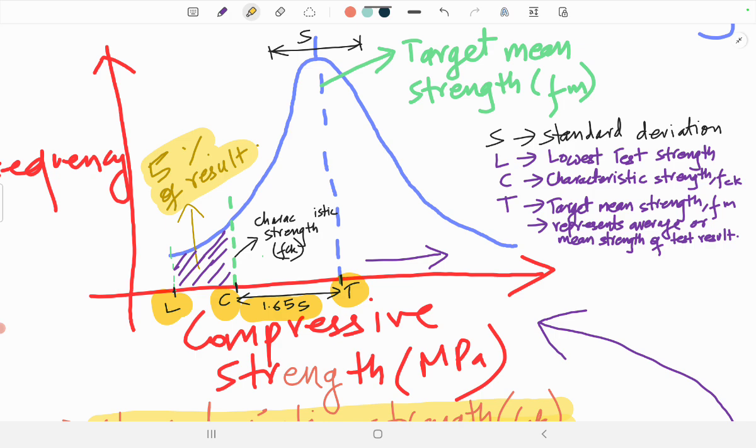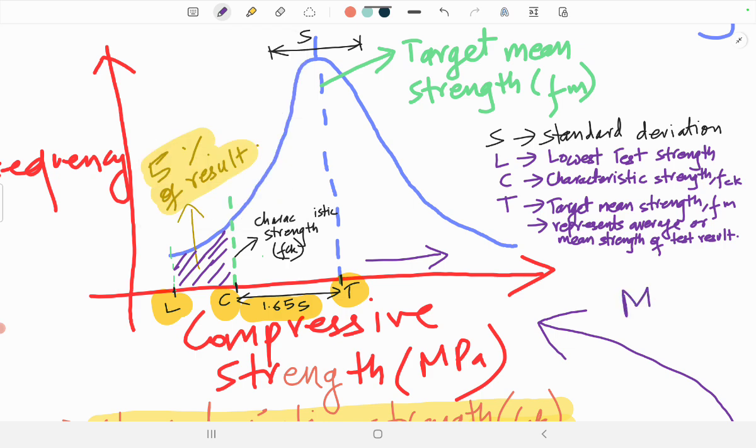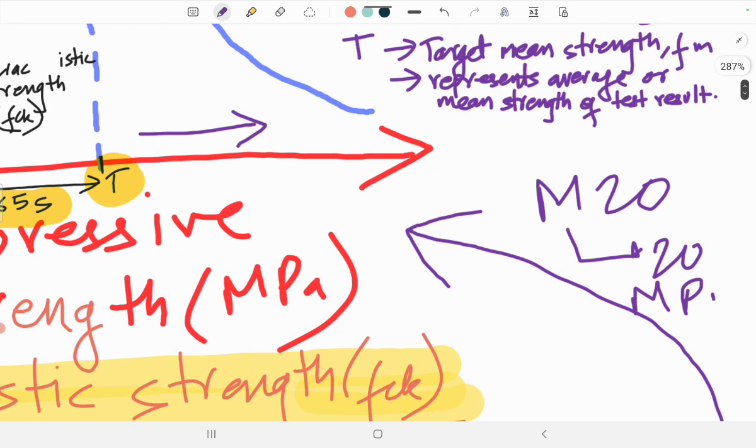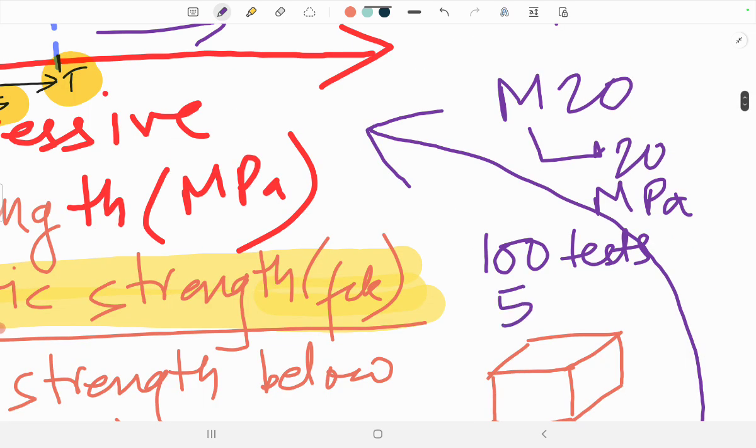Suppose most of the concrete has M20 strength, that is a strength of 20 MPa, but 5% of the test results, suppose you carry out 100 tests and 5 cubes have compressive strength less than 20 MPa.